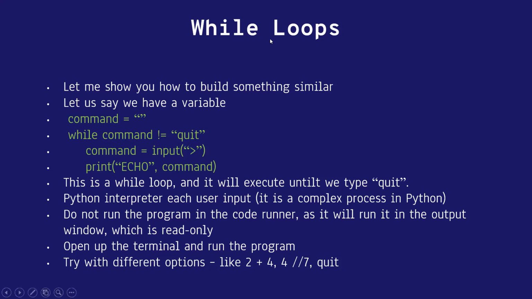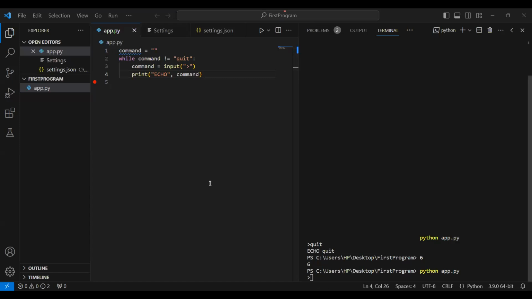So let's try this. Here we have the program, and like we said, we will not use the code runner here. I want us to use the terminal. To open the terminal, press Control then backtick. Let me enter maybe 6 plus 7.